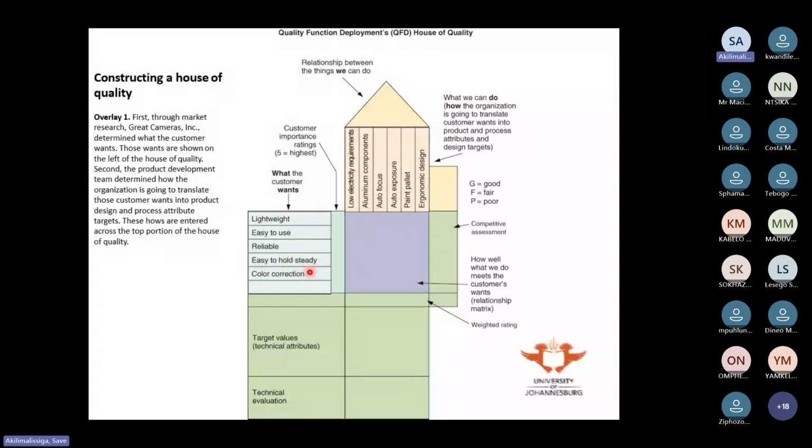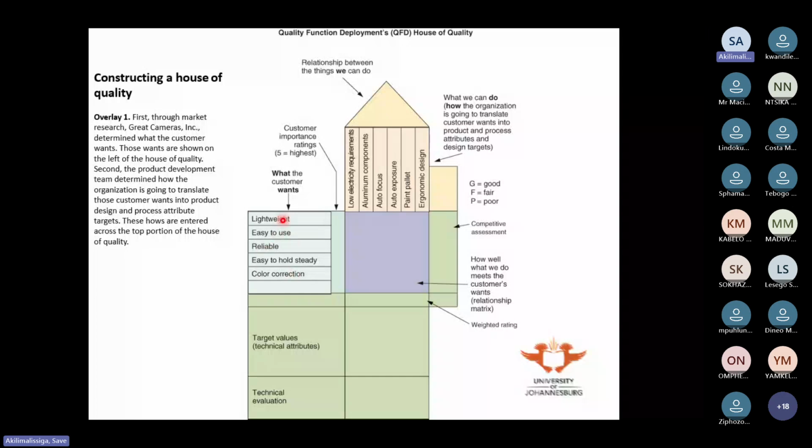So you can see, for you as a business, or for this company to get all this insight, it needed to interrogate customers, right? So that they can get this insight. And this insight will guide the designing team or the business in terms of providing the elements that will satisfy this customer desires or customer requirement.